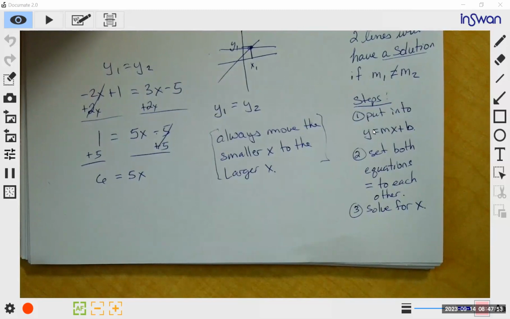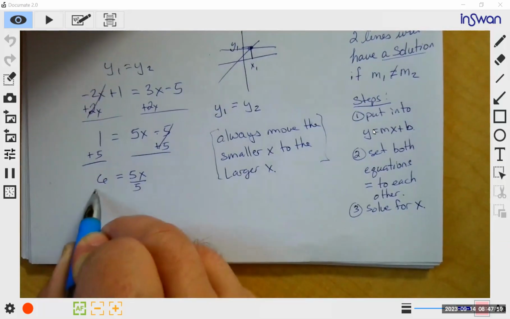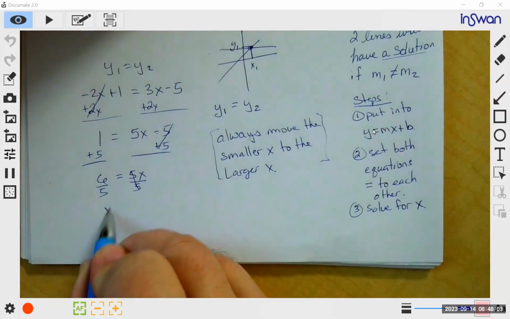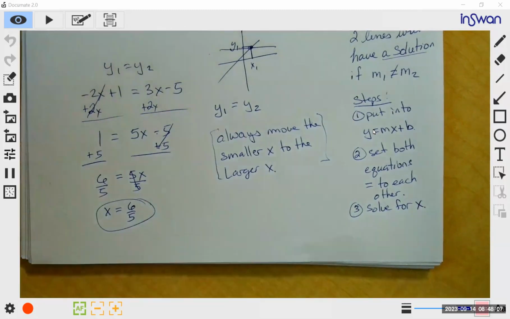Next step. Divide both sides by 5 because we want to get the x by itself. So there's my x value. That's the x they both share together.